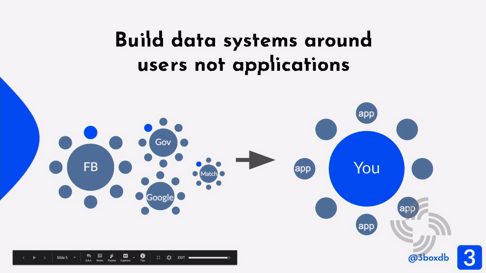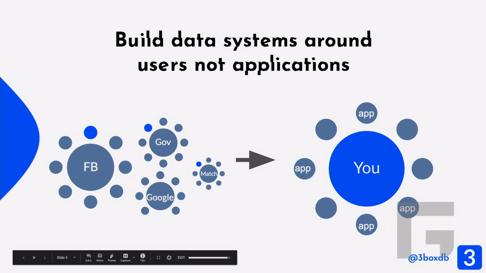So we're proposing a system where we build data systems around users rather than applications. If you see here on the side over here, we've got what we're kind of used to with Web 2.0. Whenever you create a profile, it goes onto like Facebook servers or the government or whoever is running that site, and you really lose control over it.